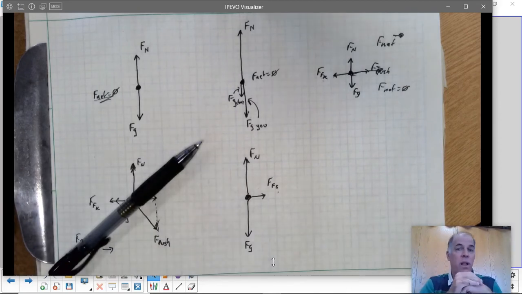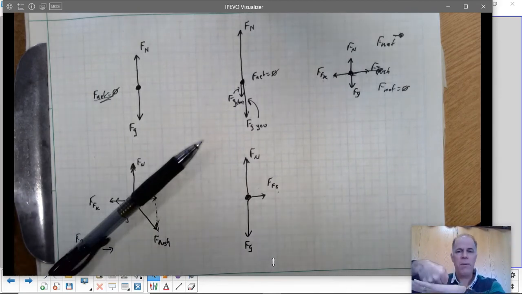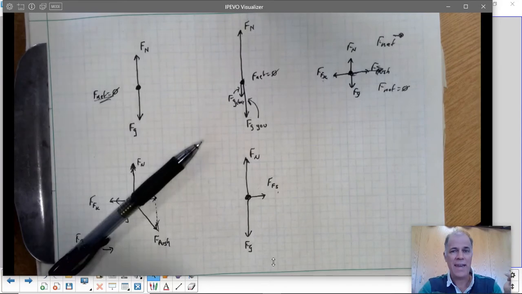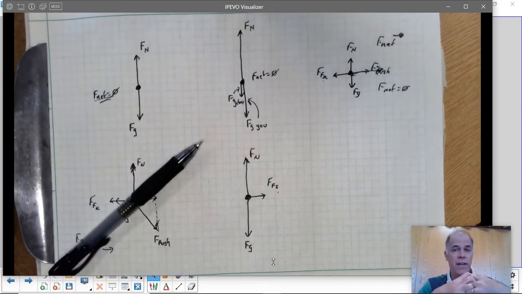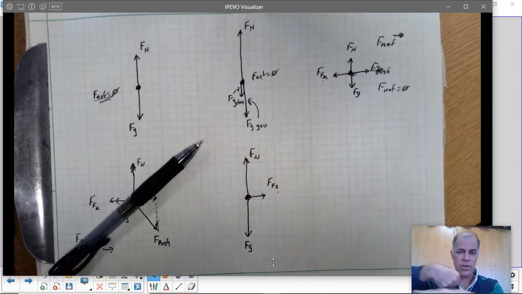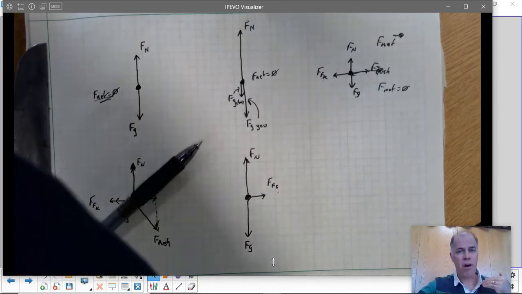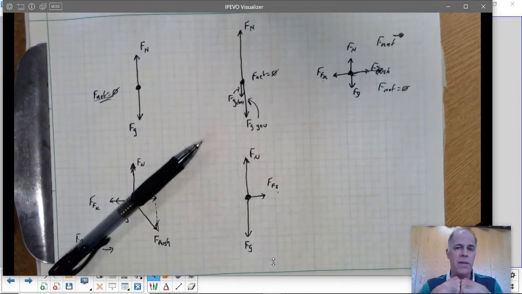Now, this actually is relevant to you because when you slam on the brakes and you start to skid, now you've changed over to sliding friction, to kinetic friction. And kinetic friction, as you know, is weaker than static friction. So when you lock up the brakes and you start to skid, the brakes don't work as well, and you're going to go farther than you would if you kept the brakes from locking up.